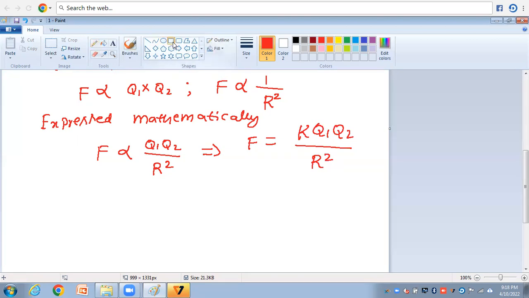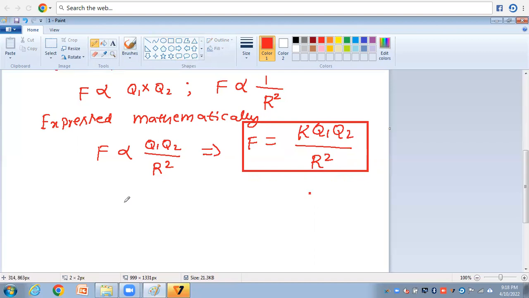Take it as a box. This is a very, very important expression. F equal to K into Q1 Q2 by R square.